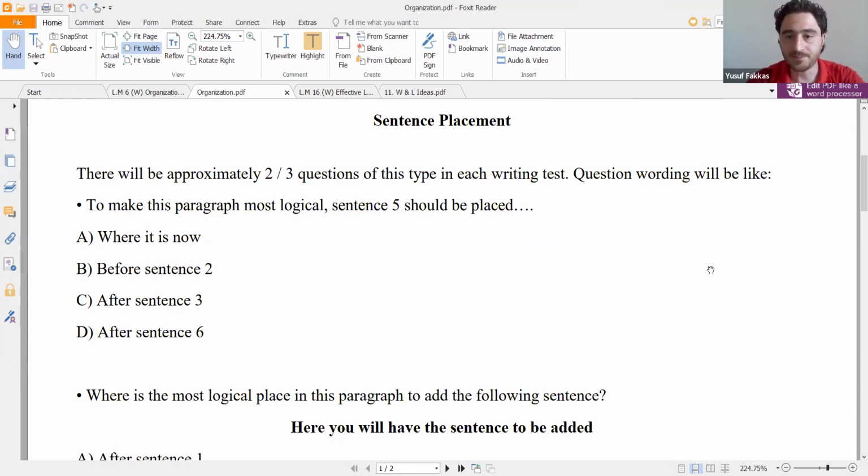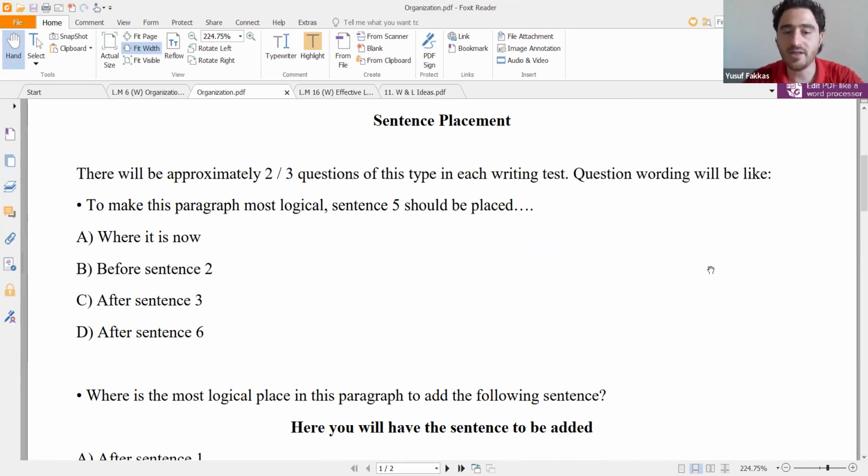But sometimes the sentence is already there in the paragraph. And of course, whenever there's a question about sentence placement, you're going to see that the paragraph sentences are numbered, which usually doesn't happen. They only number the sentences if there's a question about sentence placement.